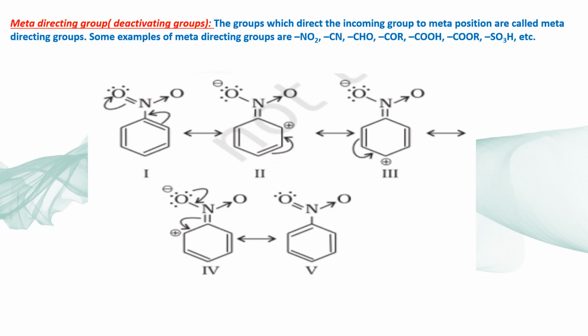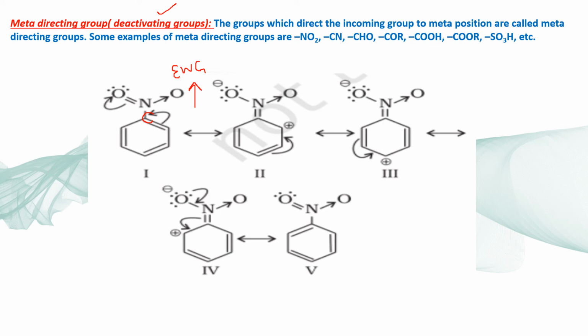And the same way, if you have a group like NO2, in this presentation we have drawn the resonating structures of NO2 also. Now, NO2 is an electron withdrawing group. If there is any electron withdrawing group, that is also called a deactivating group, because out of the five remaining carbons, on one carbon NO2 is there, mono substitution is there, and of the remaining five carbons, three carbons are developing a positive charge because the NO2 group is taking away electron density towards itself.